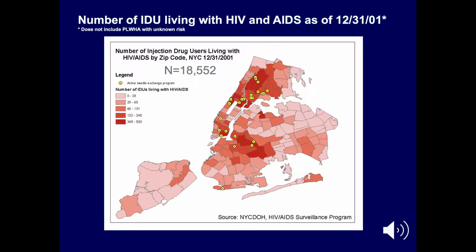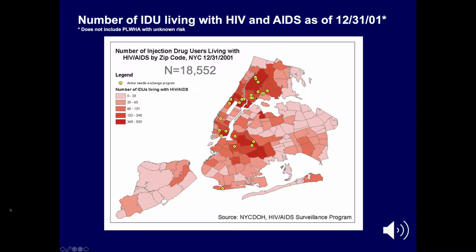And this is what I would call a classic gaps analysis. It shows the areas where there are needle exchange programs lined up with the larger numbers of people with HIV who inject drugs.